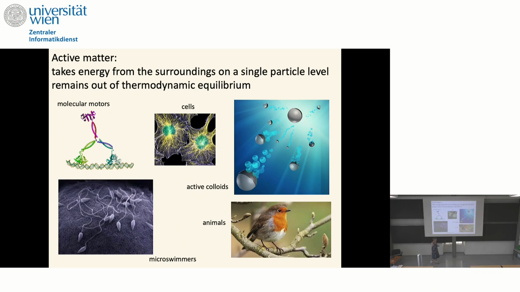Okay, so you all know about active matter, so we're all on the same page. What I mean by active matter is systems which take energy from the surroundings, and they do it on a single particle level. So each individual particle is taking energy from its surroundings and using it to do work. This is biology. This is what biological particles do.